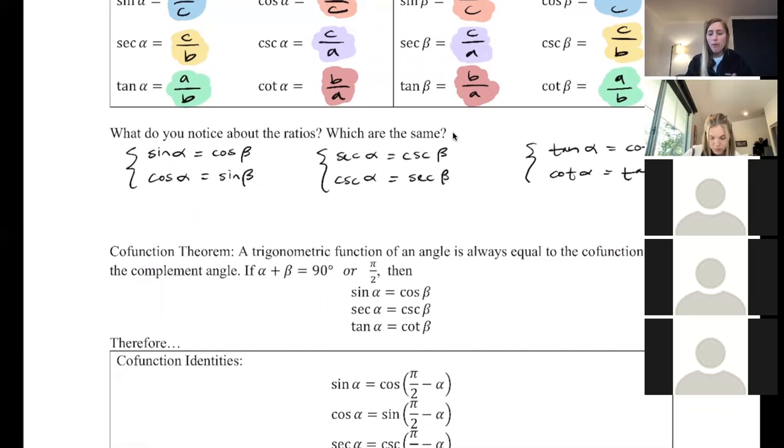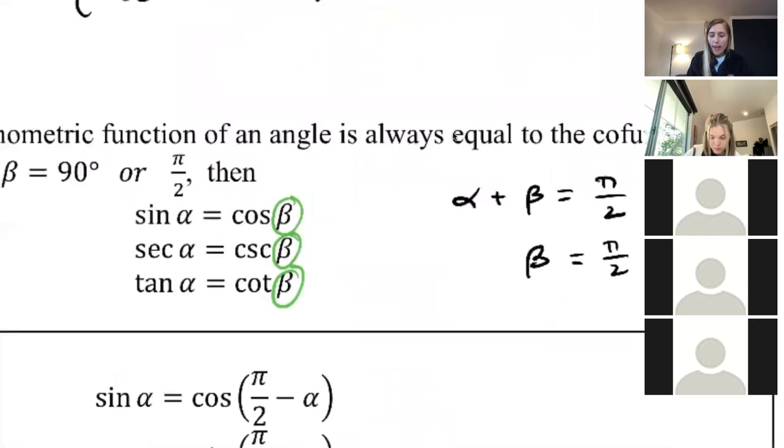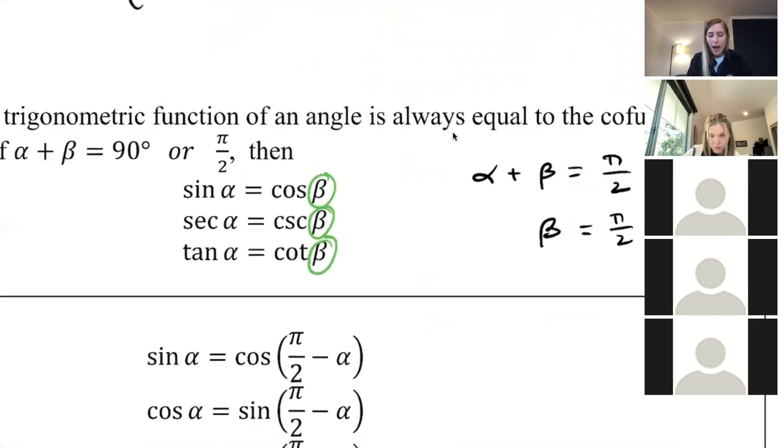So if we took that complementary relationship, alpha plus beta equals pi over 2, and we solved for beta, we would get beta equals pi over 2 minus alpha. And then we think about replacing each of the betas here with pi over 2 minus alpha.